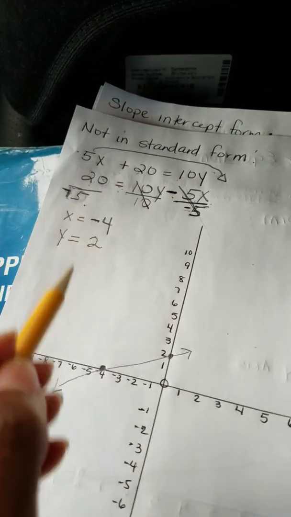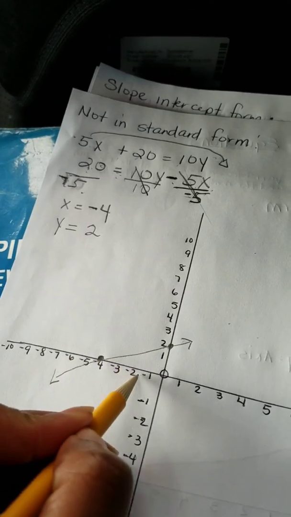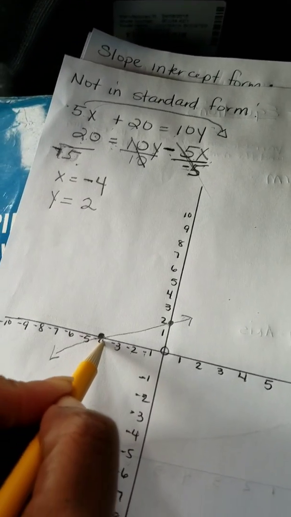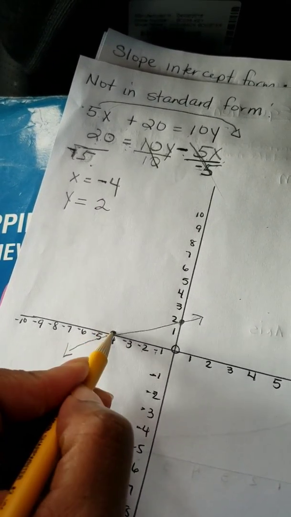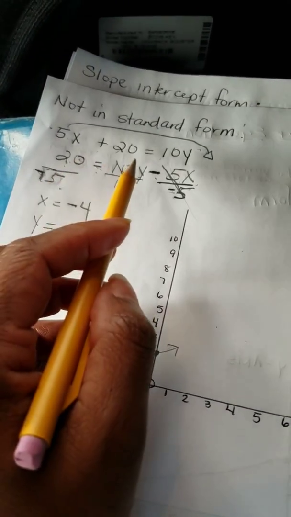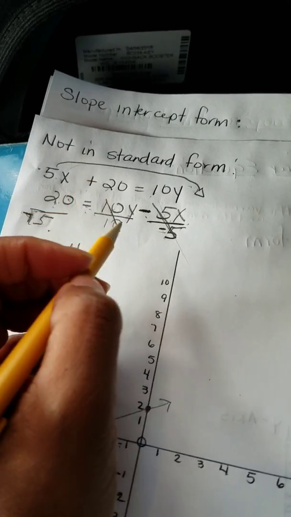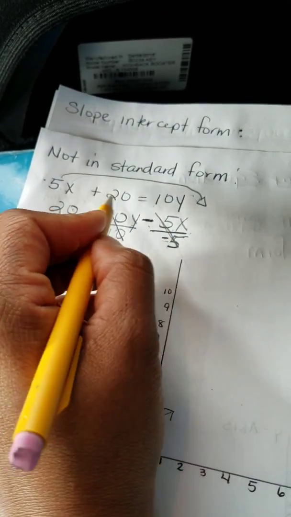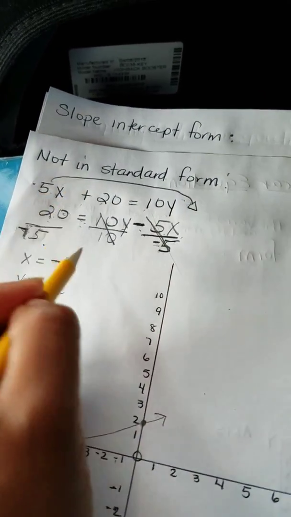Since it's a negative 4, I'm going to go here, negative 4, 1, 2, 3, 4, and I'm going to plot my x here. Now to find the y, I'm going to do pretty much the same thing. Now here's my y.